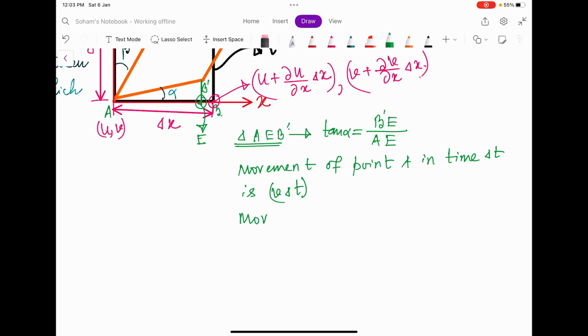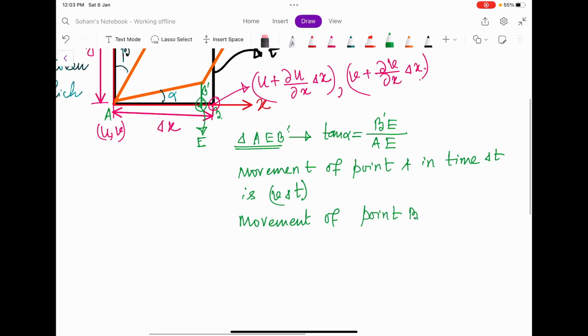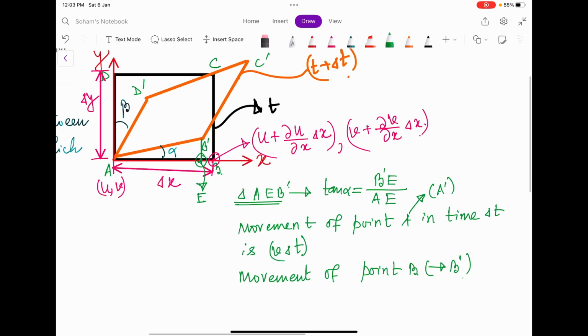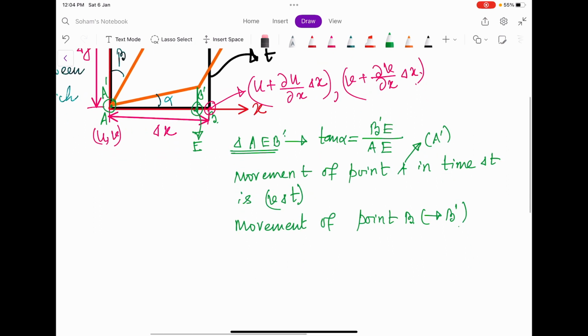And the movement of point B, it has gone to B dash and A has gone to A dash. It is not compulsory that these two configurations meet at this point. In this diagram A and A dash are coinciding, but that is not necessarily the case.